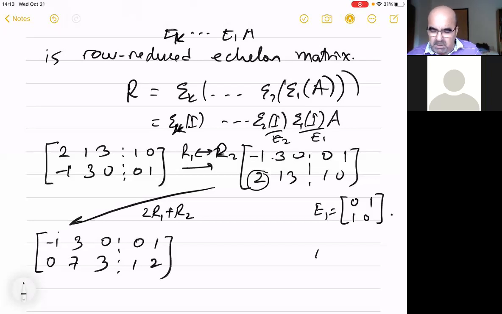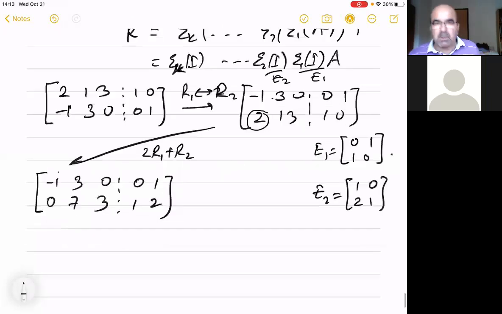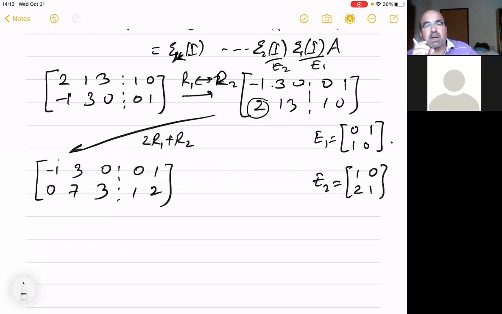So epsilon 2 is, you multiply the first row of the identity matrix by 2 and add it to the second row.